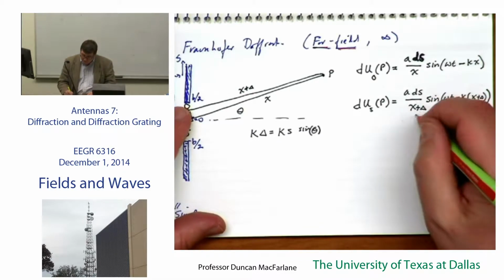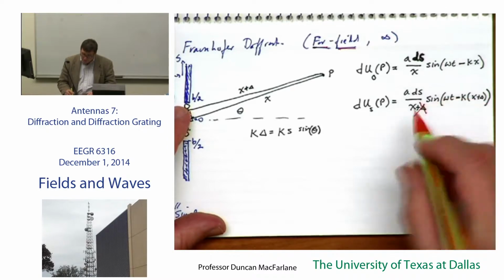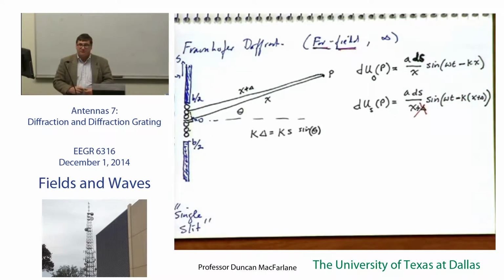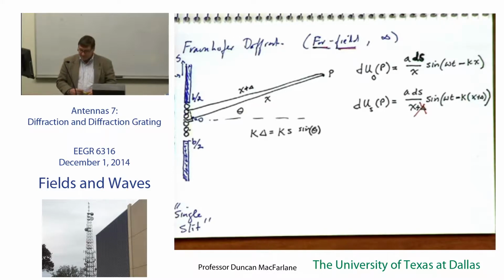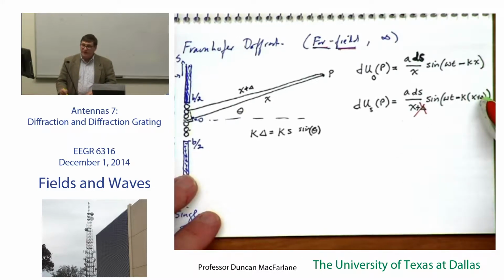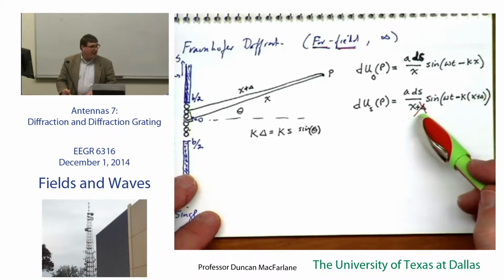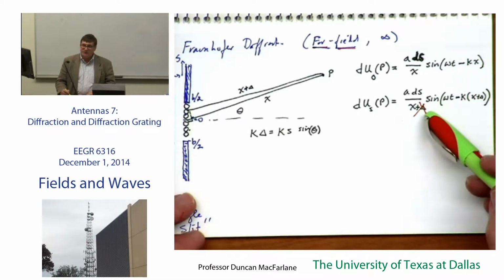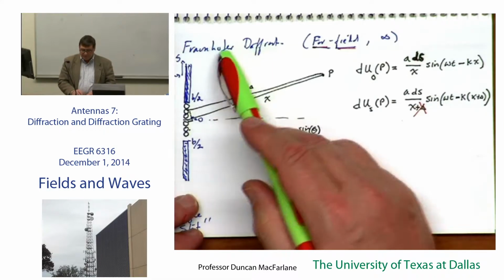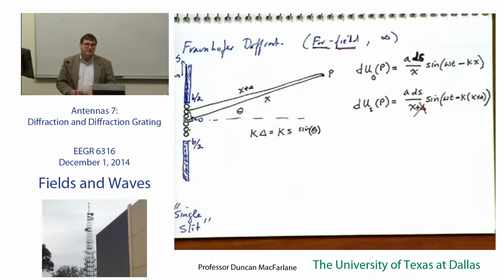We kill it. Why? Because it's small relative to the x. So the delta matters in the phase. It doesn't matter in the amplitude because it's so negligible. And that's what we mean by Fraunhofer diffraction in the far field.